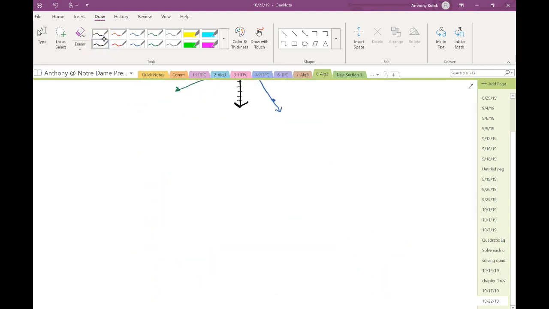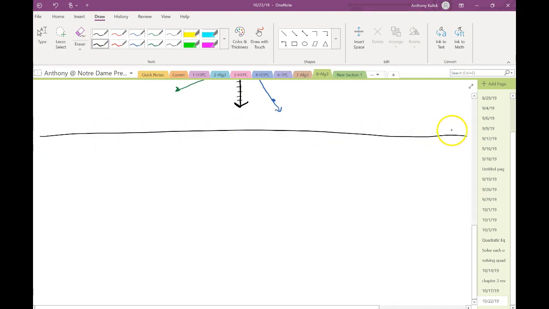Okay. So we had looked at graphing, right? We also looked at substitution. So let's consider that same system.